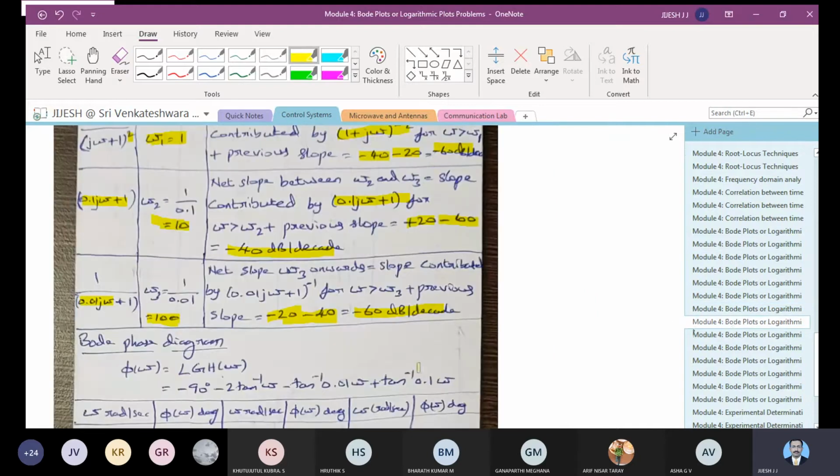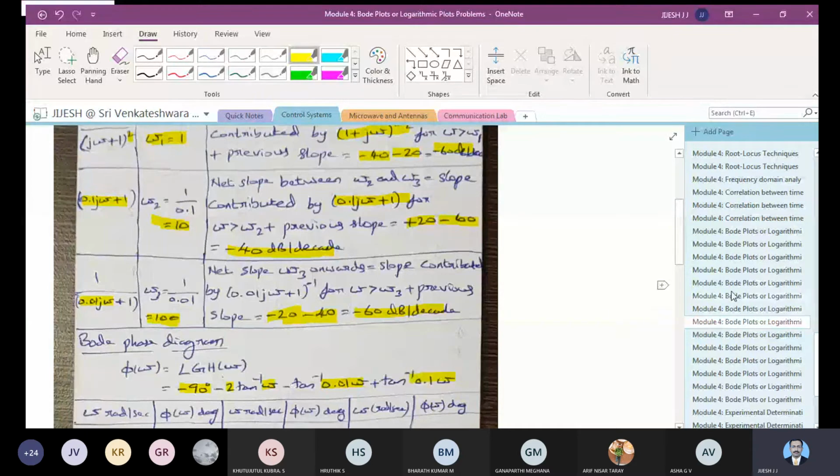Let me go back to the equation. So you can see that minus 90. You can see that a square term is there. So what is that? J omega plus 1 square. So you have to write minus 2 into tan inverse of omega. And what is the next term? Minus tan inverse of 0.01 omega plus tan inverse of 0.1 omega.